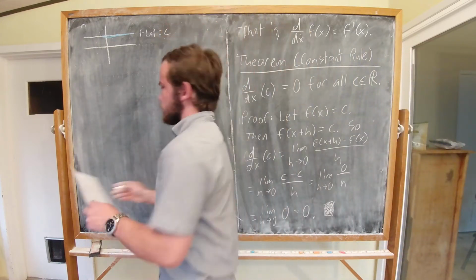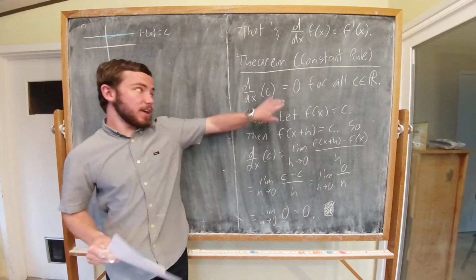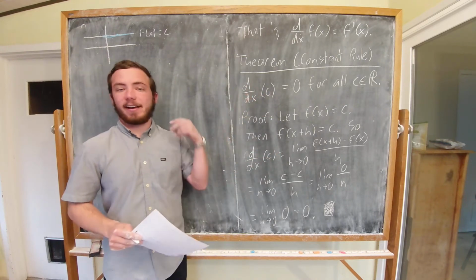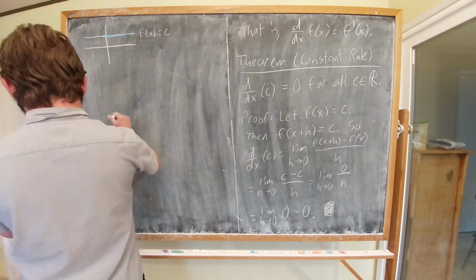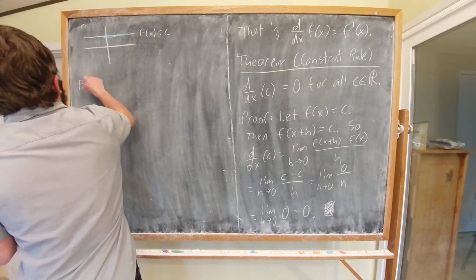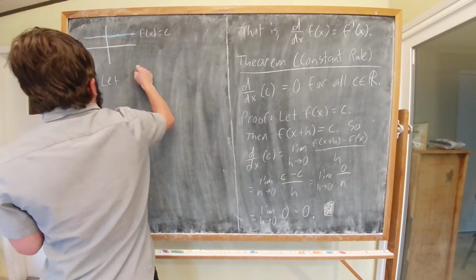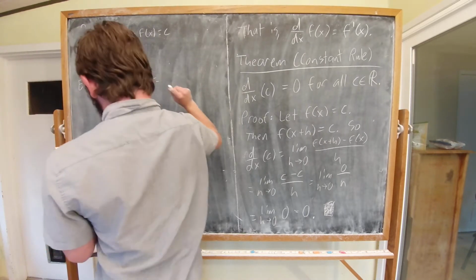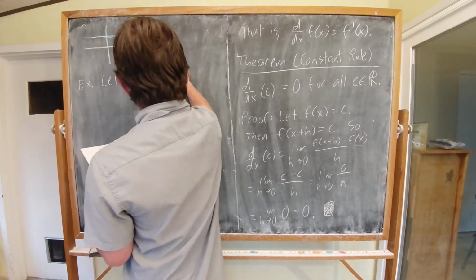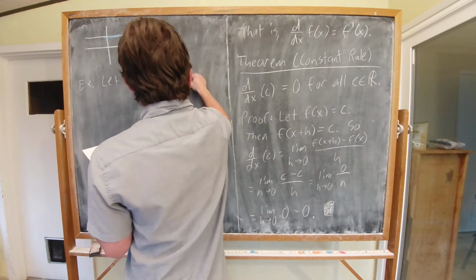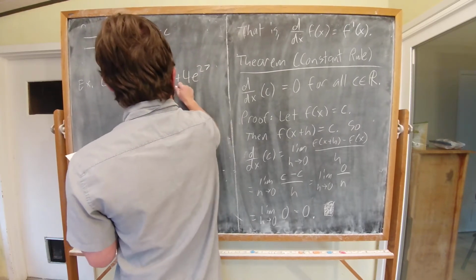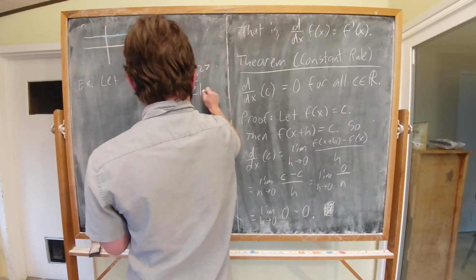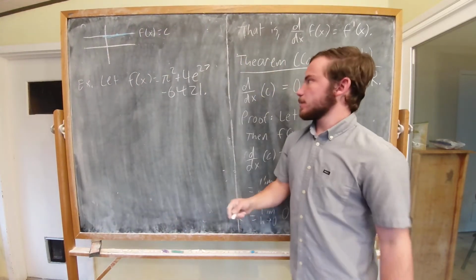Okay, so that's our first rule of differentiation. Any constant you see a derivative of, instantly 0. So that's helpful. For an example, let's let f of x equal pi squared plus 4e to the 27th power minus 6,421.